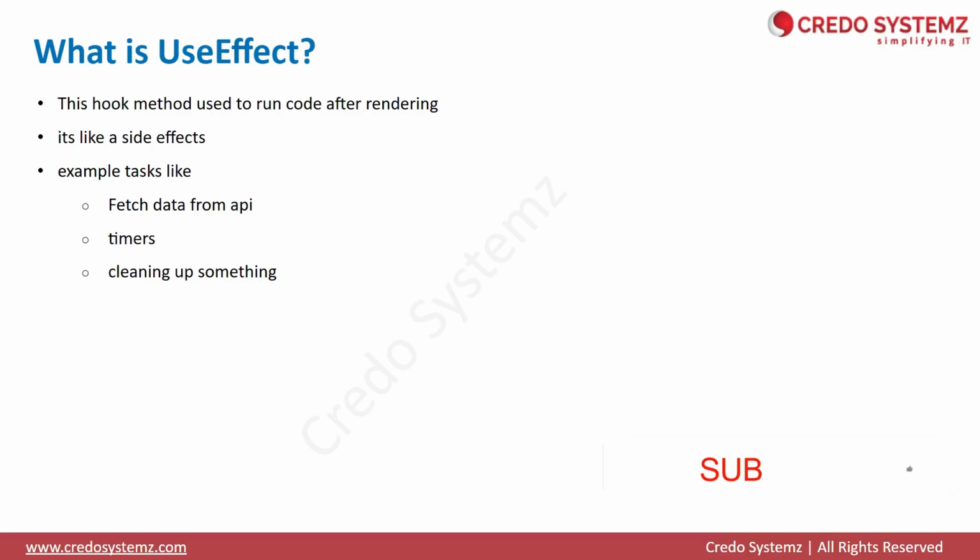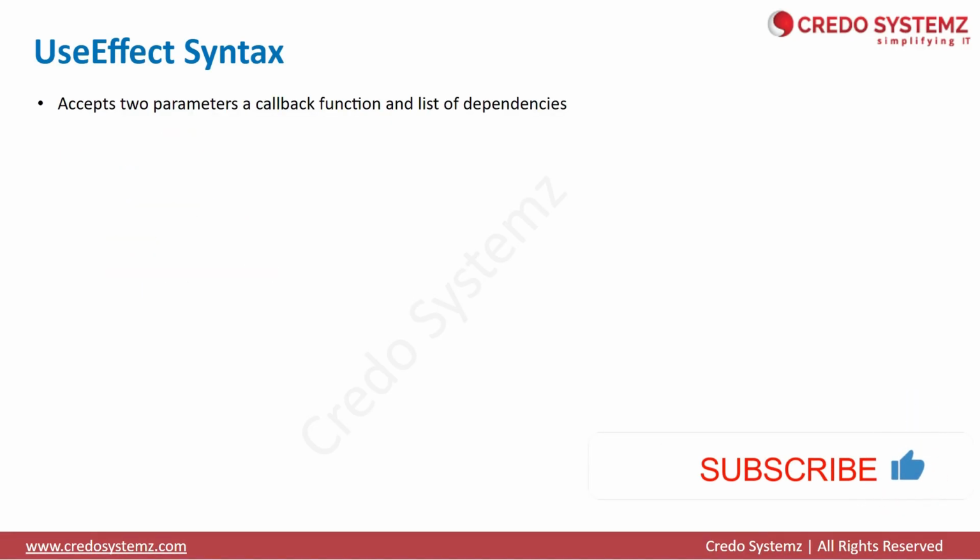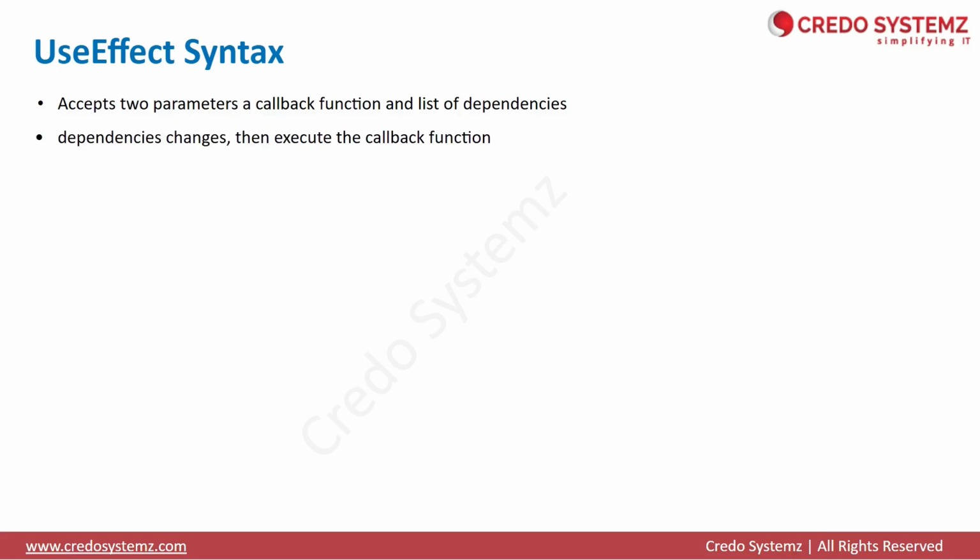In those scenarios, useEffect will be helpful. Next, we will be discussing how the syntax looks. The syntax is actually quite simple. Before getting started with the syntax, we just have to understand how many parameters useEffect accepts. This useEffect hook method accepts two different parameters. One is a function, another one is a list of dependencies.